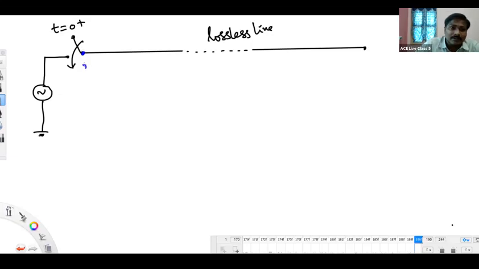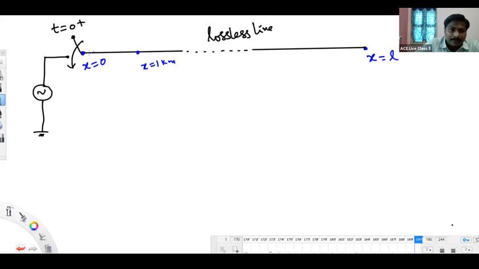So I will say x equals 0 here. And this may be x equals 1 kilometer. And towards the end of the line, I can say x equals L kilometers. Okay, all of you listen.